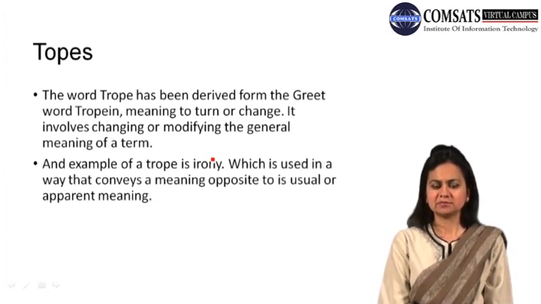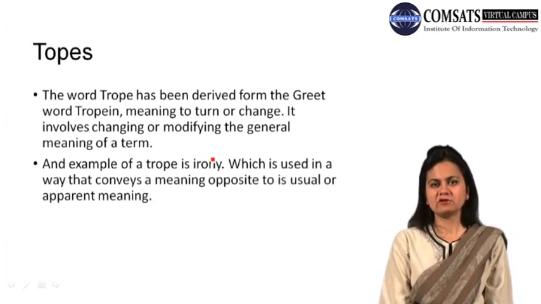Tropes, as the word is also a Greek word which means change or turn, that is derived from the word tropos. So tropes refer to change and turn in meaning, and it involves changing or modifying the general meaning of a term or an idea or a word.